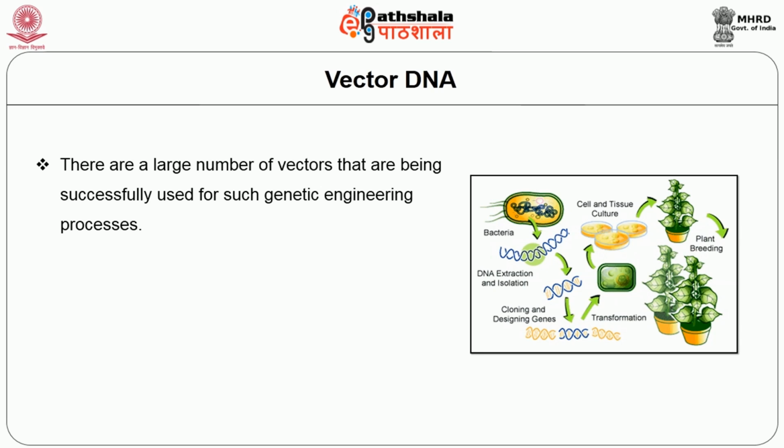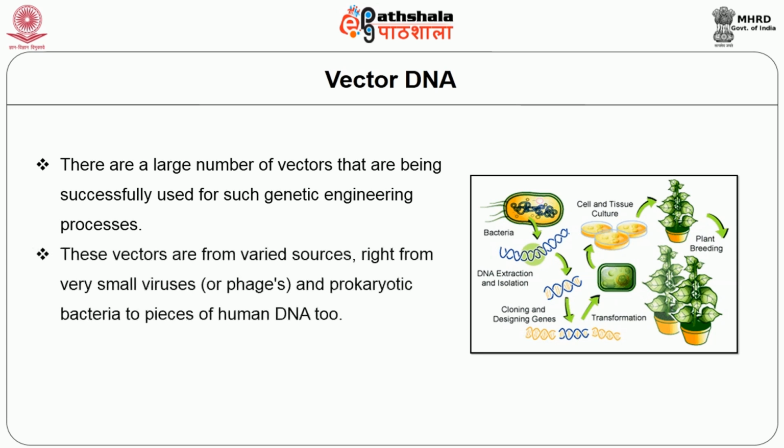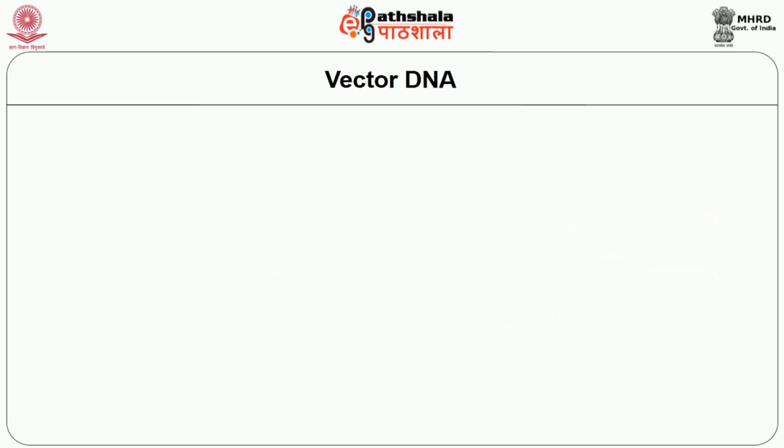There are a large number of vectors that are being successfully used for such genetic engineering processes. These vectors are from varied sources, right from very small viruses or phages and prokaryotic bacteria to pieces of human DNA too. The choice of the vector depends on the size of the insert and various other factors.